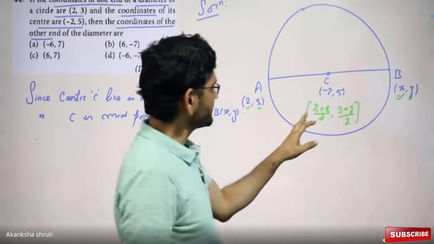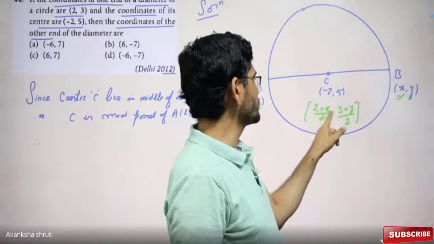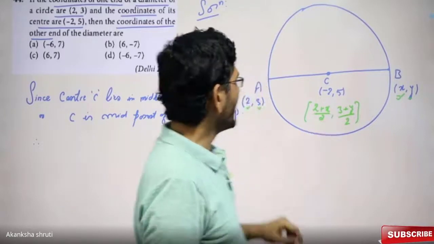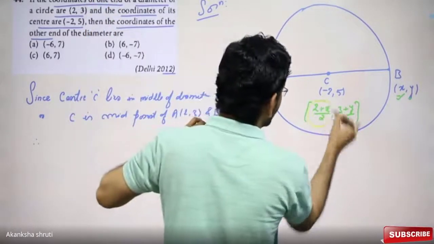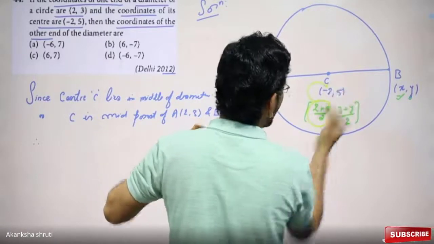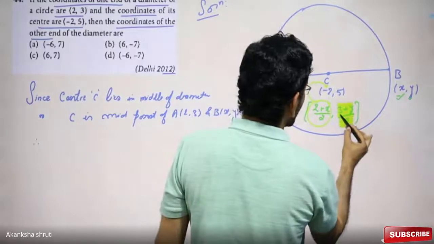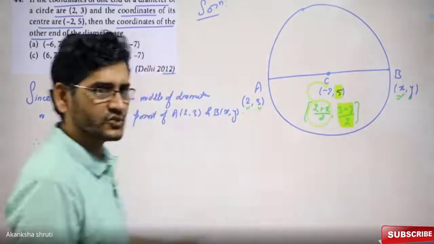So applying the formula, the coordinate of C is given by (2 plus x)/2 and (3 plus y)/2. But here it is given that this x coordinate is the same as -2, and this y coordinate is the same as 5. So we can equate them. So simple.